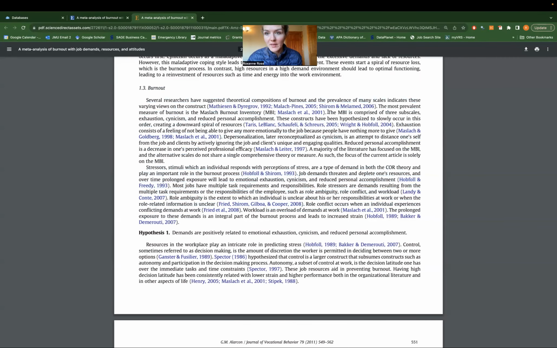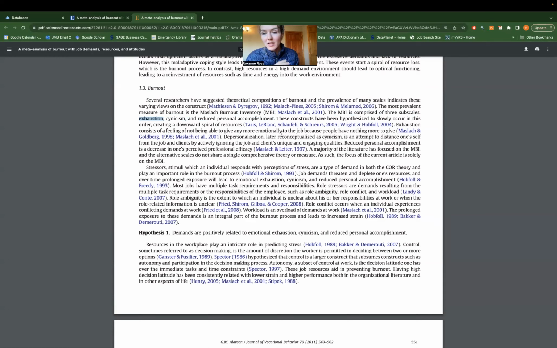As we read, we see that the way that they're measuring burnout is this burnout inventory. Okay, fine. But then with this burnout inventory, we see that there's three kind of main components of burnout: exhaustion, cynicism, and reduced personal accomplishment. This is something that we would want to pay attention to.